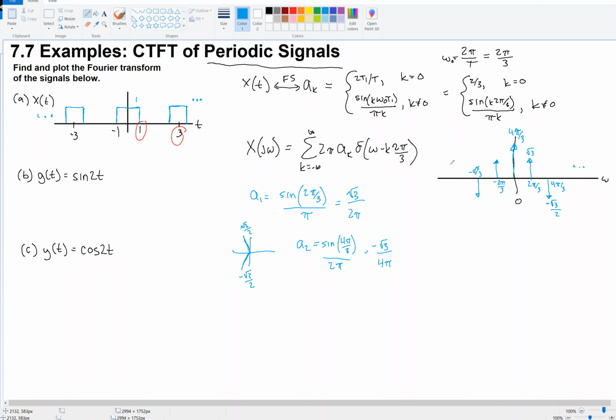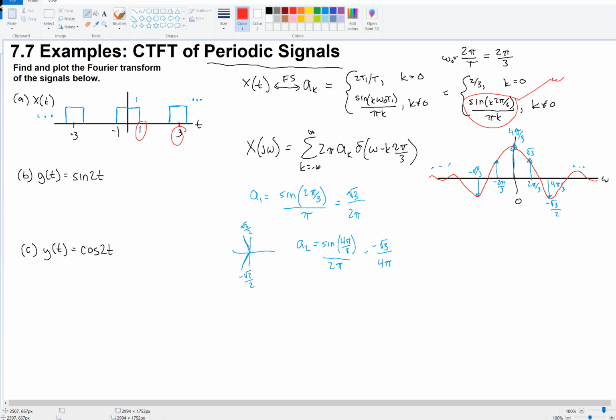Okay, and those would continue on as well, and what you would see is that this thing follows this sinc function. Here, this is a sinc function in omega, right? And so what we're doing is we're sampling that sinc function.